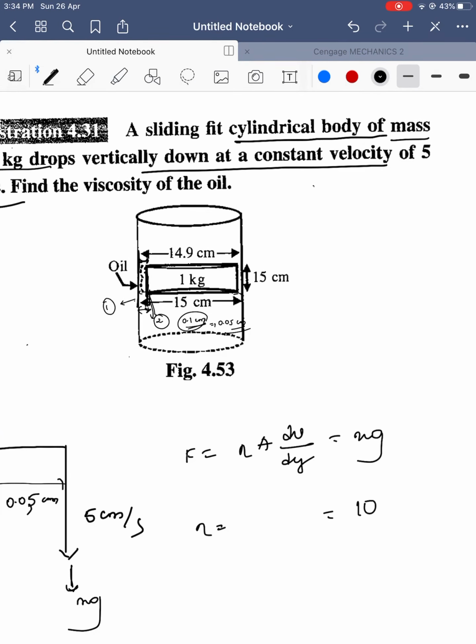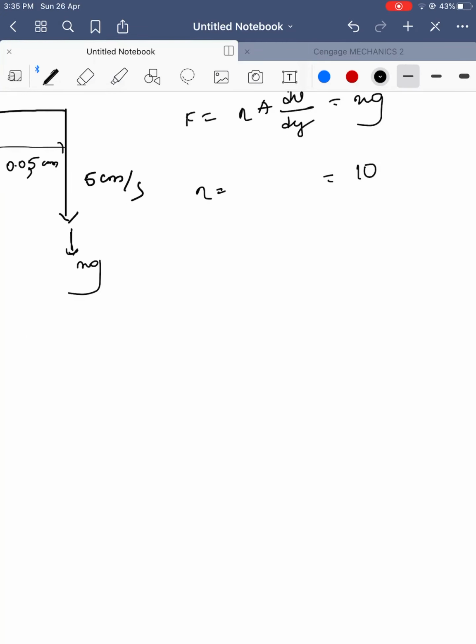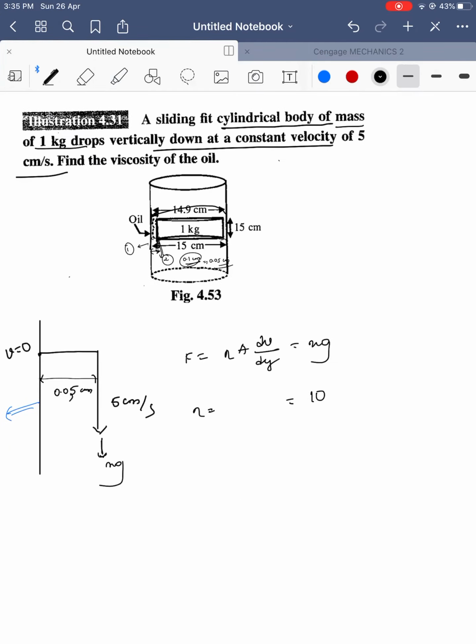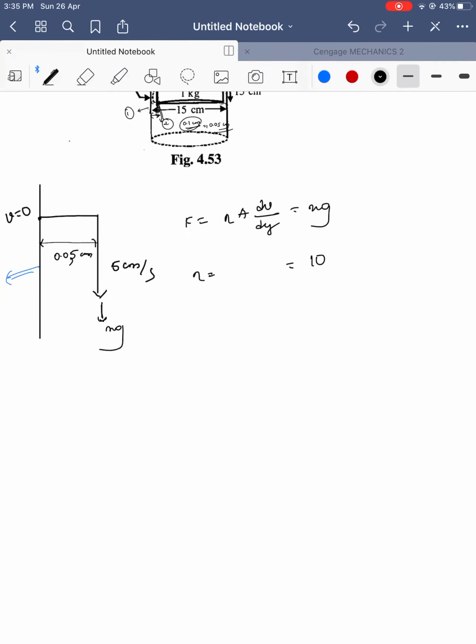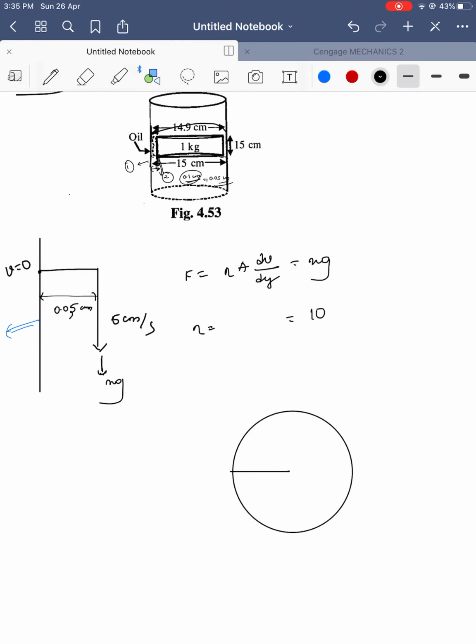the area of contact. How much is the area that is in contact with the liquid? See clearly. It is a sliding fit cylindrical body. I am drawing the top view of the cylindrical body. It has a diameter equal to 14.9.